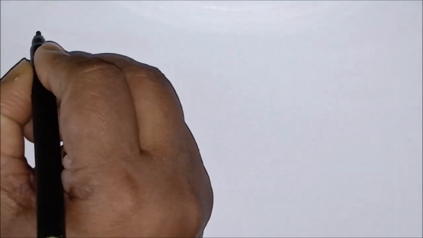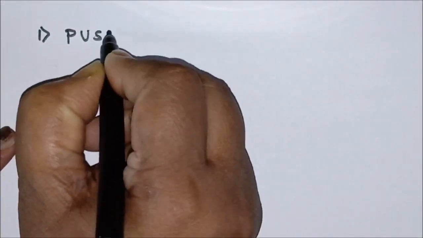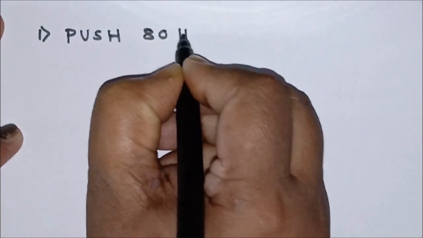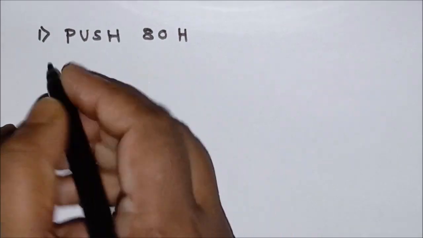So first, whatever order you are following for push instruction, the reverse order is generally followed for pop instruction. For example, suppose I want to push contents of port location 80H on stack. So I write instruction push 80H.